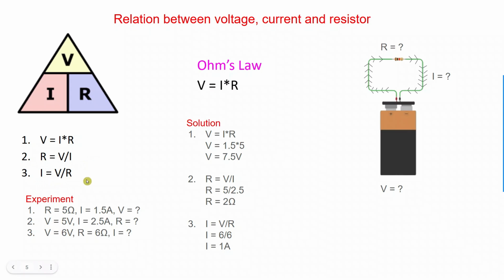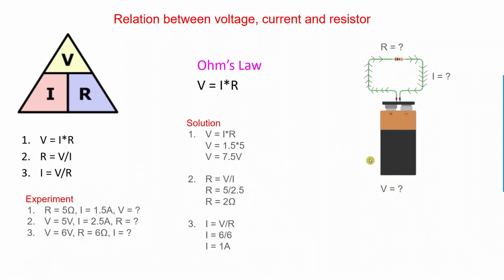Now we'll do an experiment for each combination. For the first combination, we know R equal to 5 ohm and I equal to 1.5 ampere, and we'll calculate the value of V, the voltage.